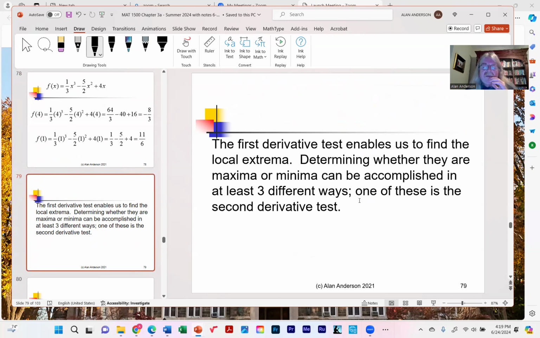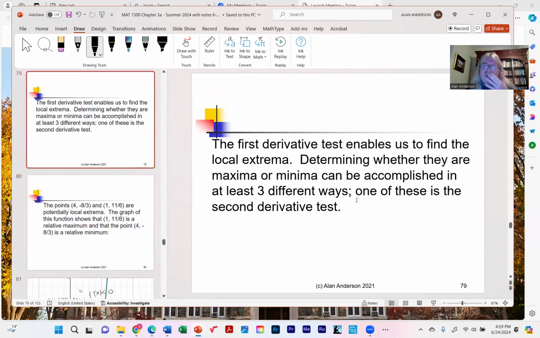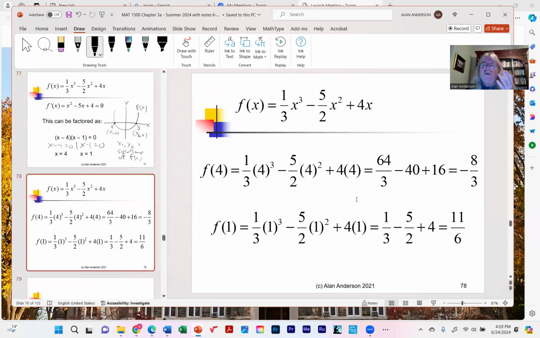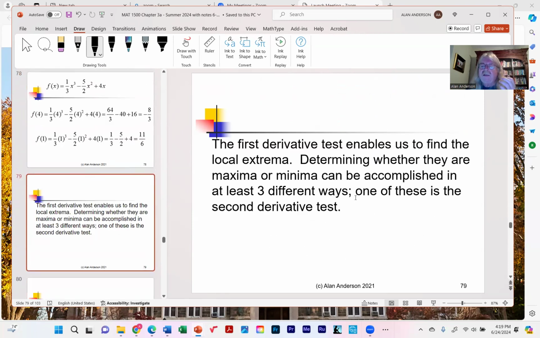But now we have to determine if each one is a maximum, a minimum, or possibly neither. Okay, the graph helps, of course it does, but we want to have a formal way of finding whether or not each of our critical points corresponds to a maximum, minimum, or neither. And so there's at least 3 different ways of doing this. The one that I think you'll find is the most commonly used is the so-called second derivative test.